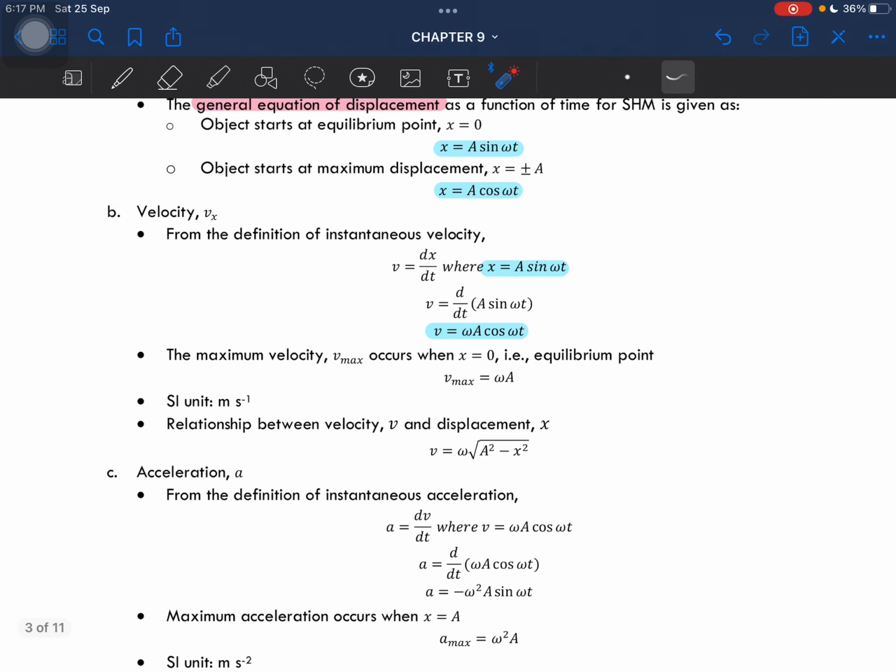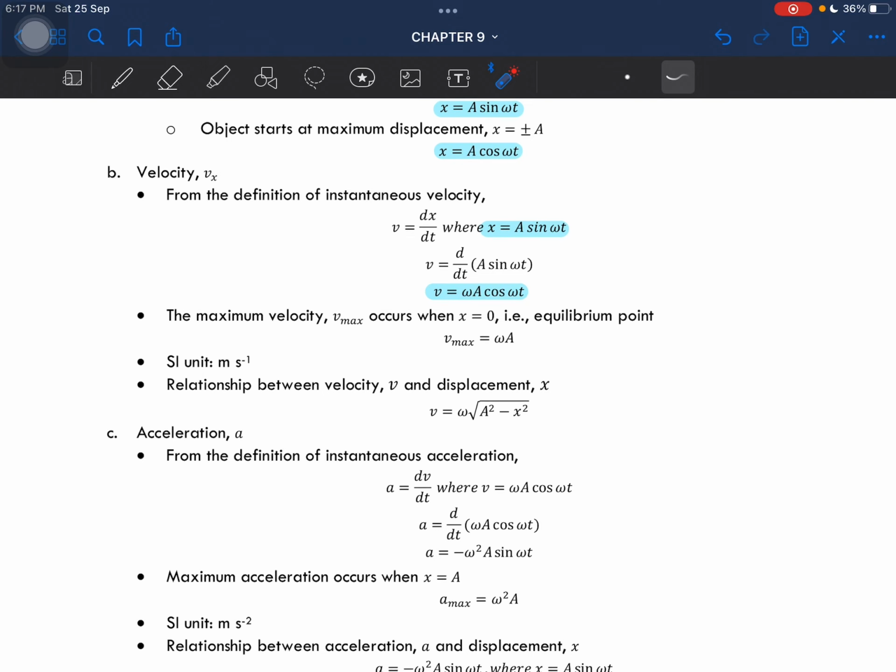You should also know that the maximum velocity occurs at the equilibrium point, when displacement is equal to 0. To calculate that, we have the formula here.